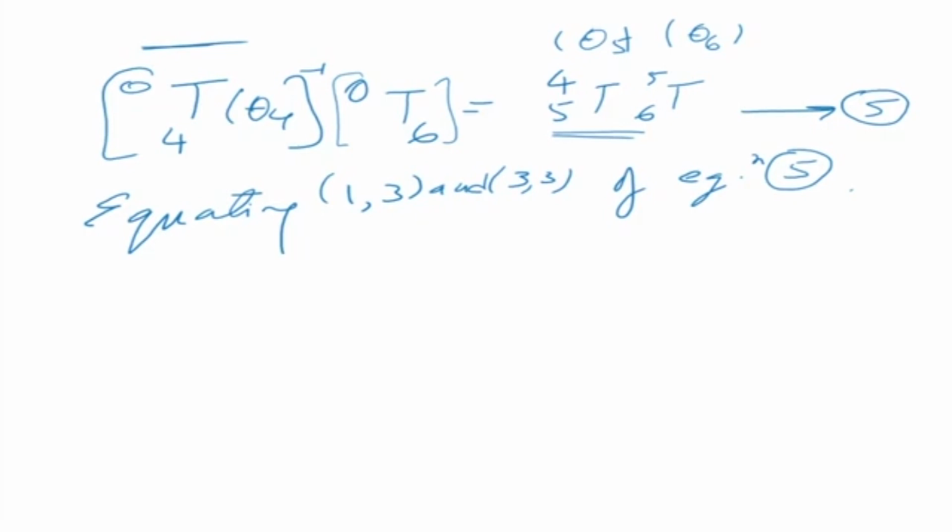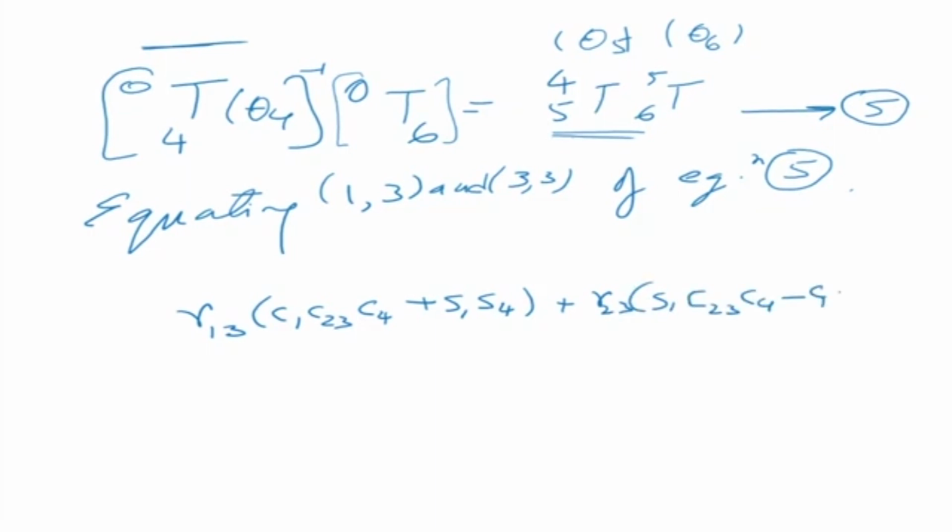So if we equate these two, what we get is r1 3 cos 1 cos 2 3 cos 4 plus sine 1 sine 4, plus r2 3 sine 1 cos 2 3 cos 4 minus cos 1 sine 4, minus r3 3 sine 2 3 c4 is equal to minus of sine 5.